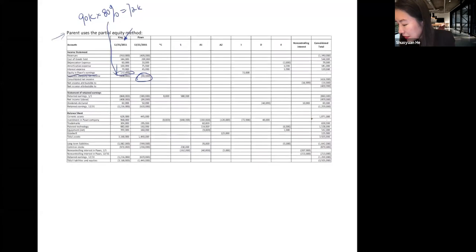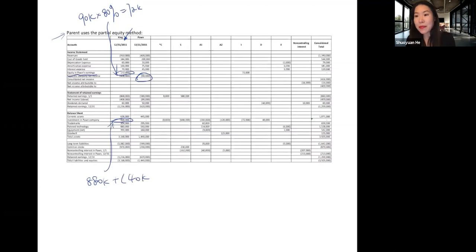The investment account is basically your equity method, just add back amortization. Or we can go through the calculation here: 880, that is the initial investment, plus the subsequent net income minus dividend, 2 years multiplied by 80%.